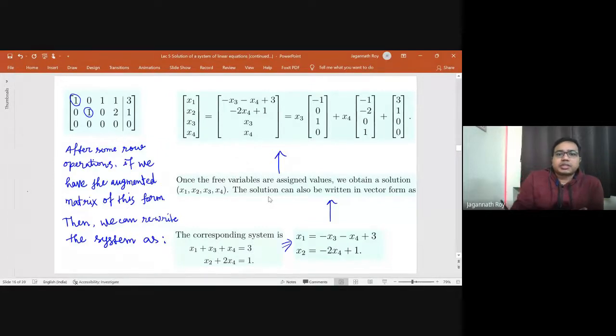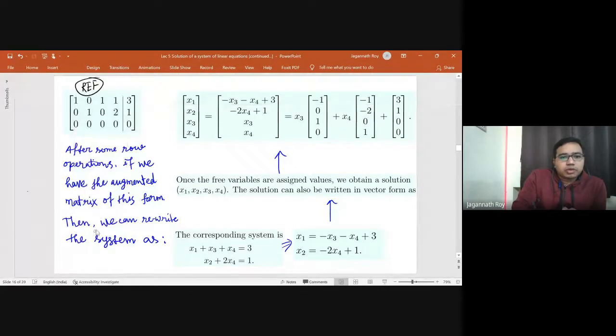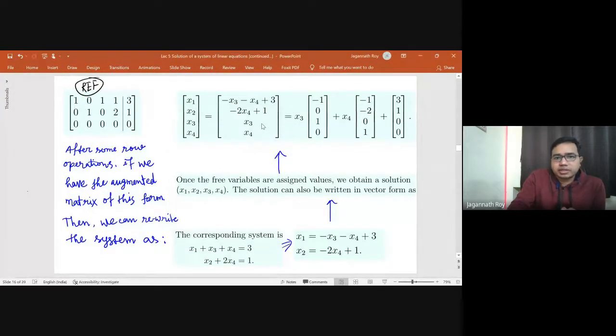Now the question is that, like I said, we have to introduce, if we have a situation of this form for a different system, this is the row reduced equivalent form, REF, then we want to find out the solution of this problem.